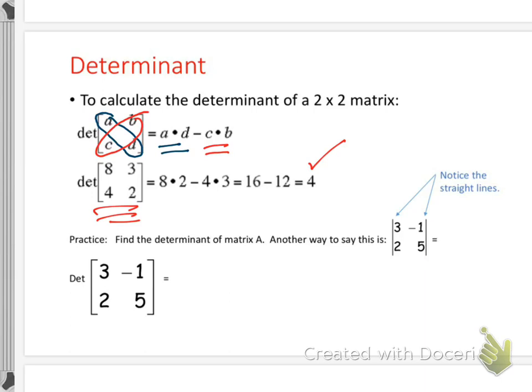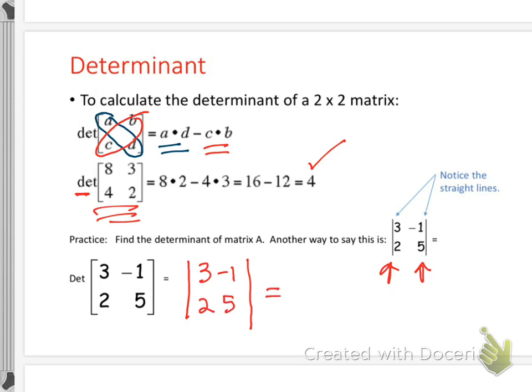So I could either tell you to take a determinant by putting DET in front of the matrix, or I could instead make my matrix lines into straight lines. That's saying take that determinant. So this determinant, I could say it this way, or I could say it this way, with -1, 2, 5.